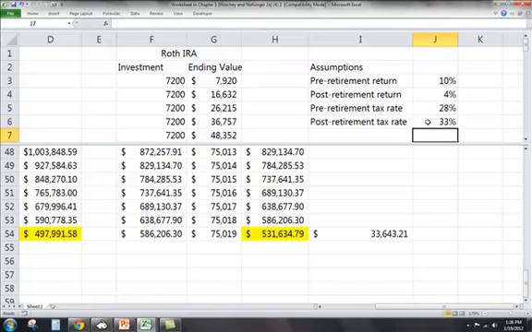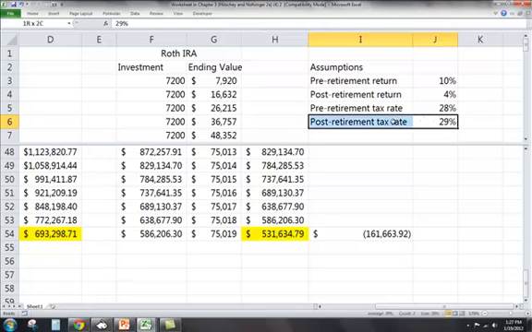So if it goes to 33%, Roth is better than the traditional. If it's only 29%, Roth is not as good as traditional. But you can see that it doesn't have much room to vary at all before the Roth IRA becomes a better choice. And because so many people think tax rates are going to be rising, that's why you read in the news that Roth IRAs are a far better choice.